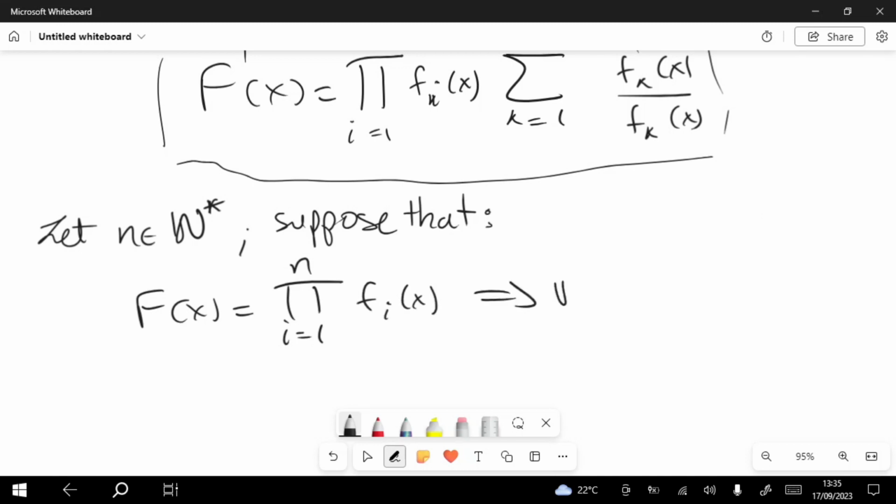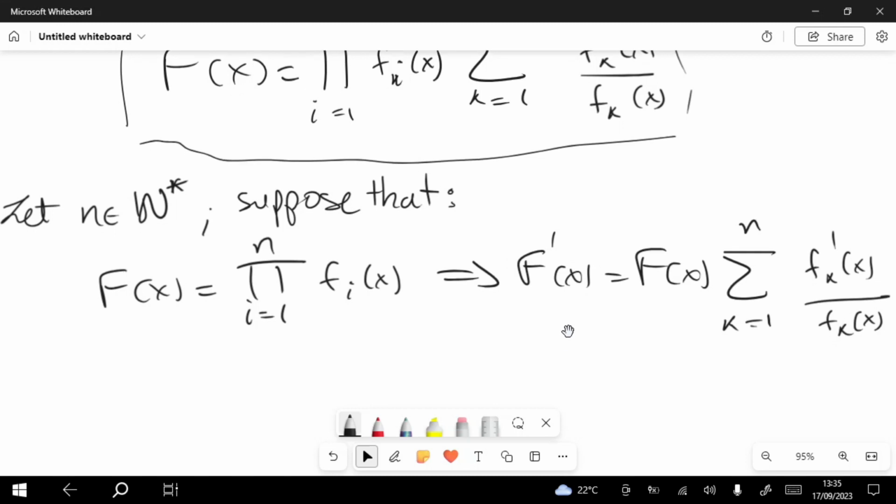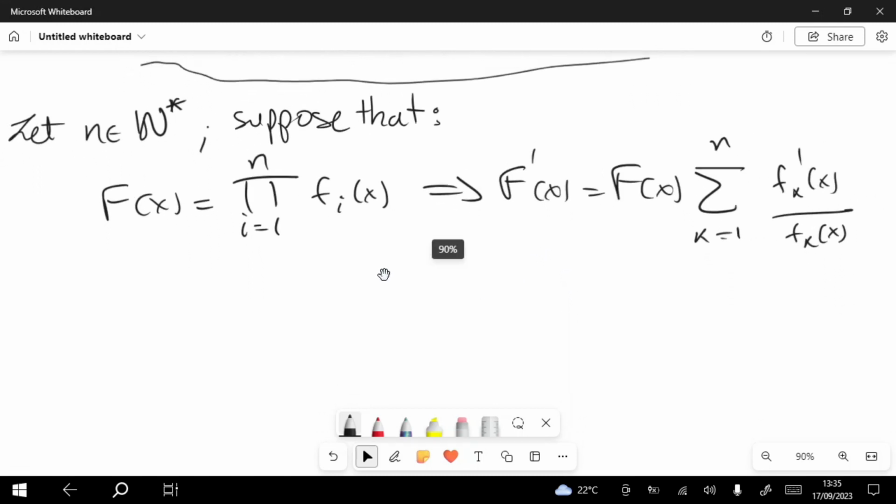That means that the derivative is, notice that this is exactly this, which means it's f of x times the sum of those logarithmic derivatives, k equals 1 all the way to n of f sub k of x prime over f sub k of x. So we're supposing that this is true.